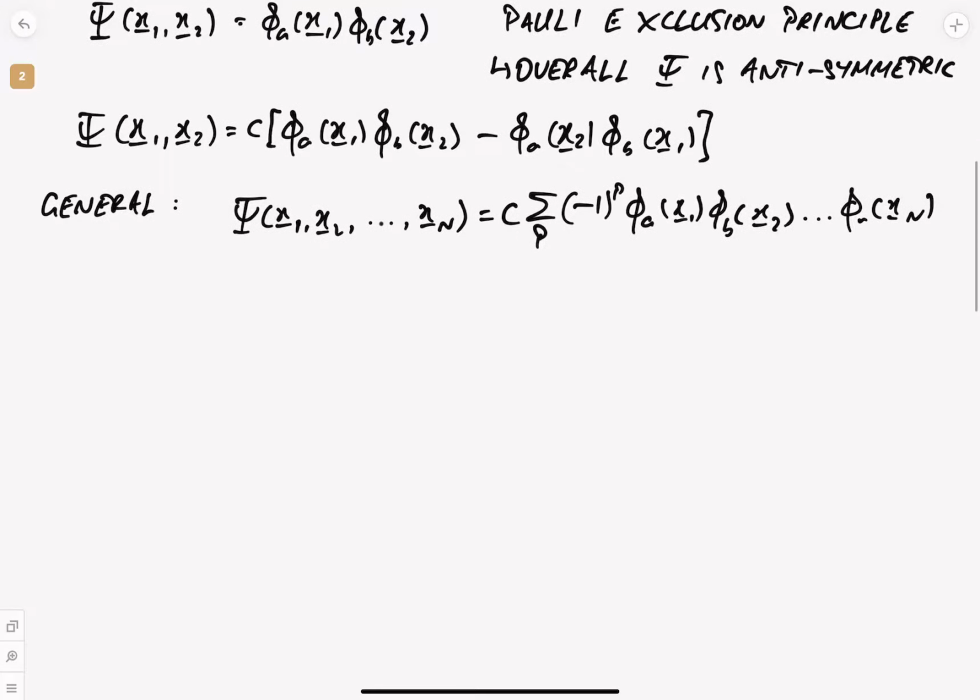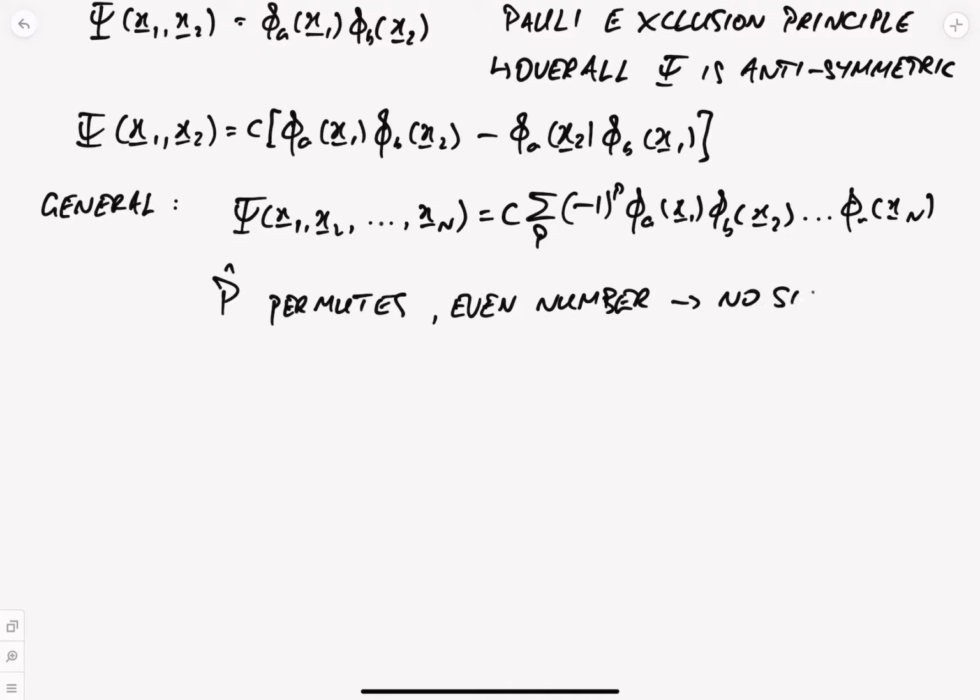And notice that in this case, the operator p permutes, in other words, rearranges, and an even number of permutations would give us no sign change, whereas an odd number would give us a sign change, and therefore we will obey the anti-symmetrization.